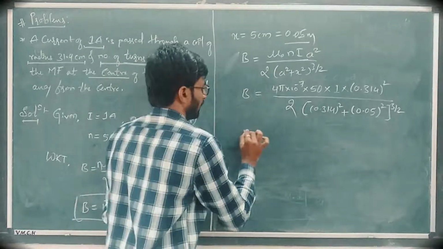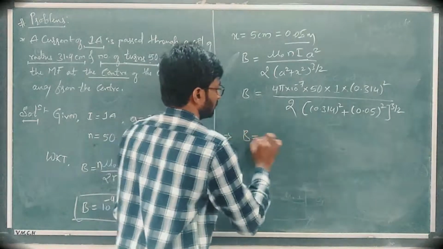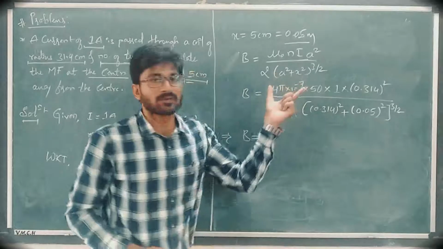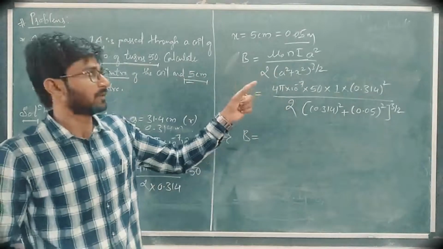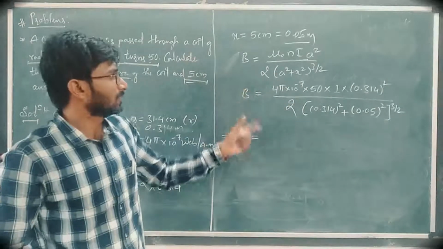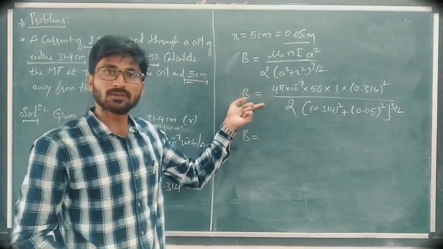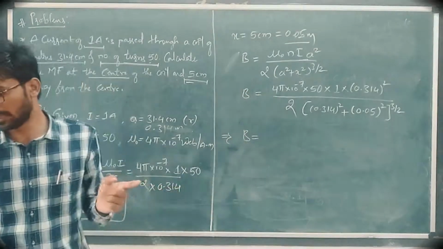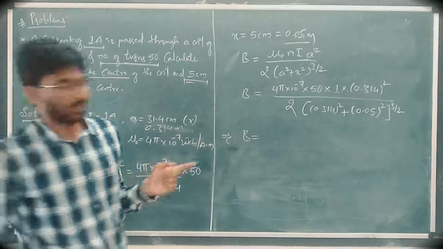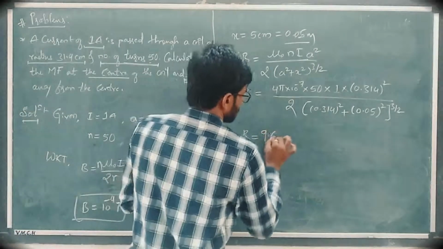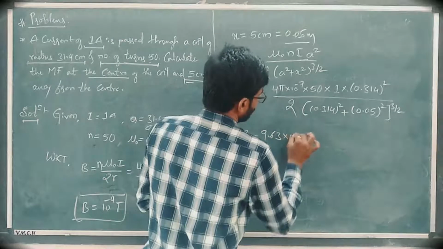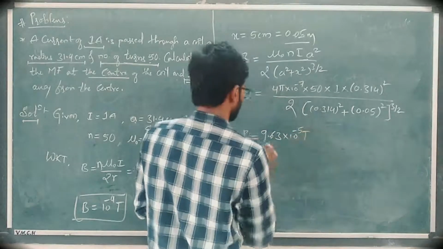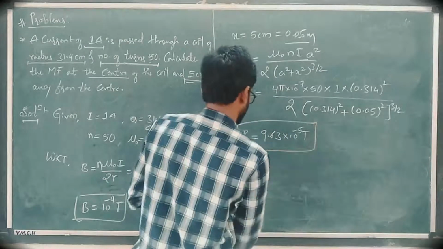We have substituted all the known parameters, and finally we simply need to simplify this and you will get the answer, approximately 9.63 into 10 to the power minus 5 Tesla.